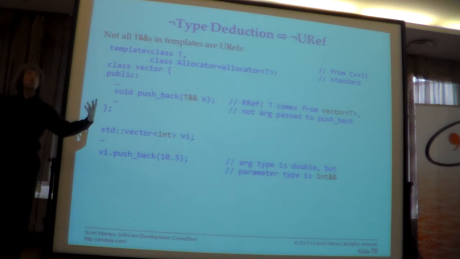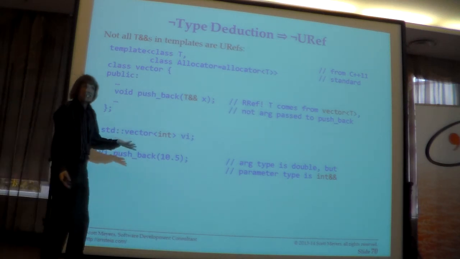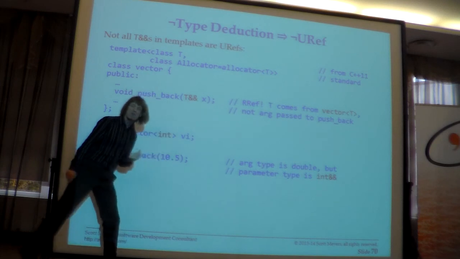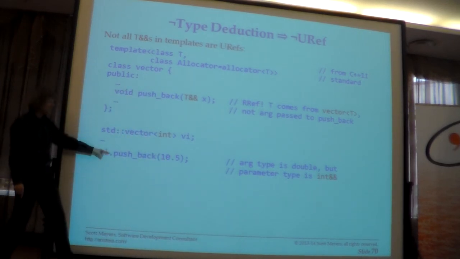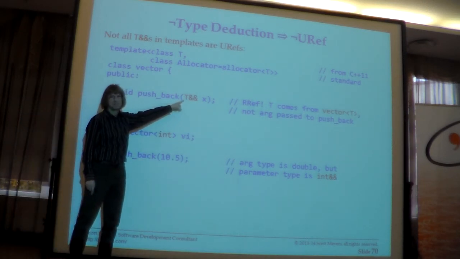But if you know what the class type is, if it's vector of int, T is int. If it's vector of widget, T is widget. And the way this code is going to be used in practice is someone's going to say, I've got a vector of int, and then they're going to call push_back. But this push_back is push_back in vector of int. And in vector of int, T is int.